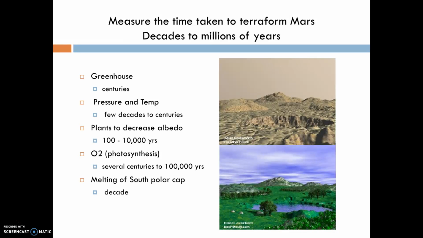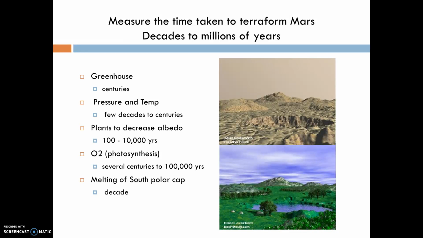Yes, centuries. It's a planet. And time to create the greenhouse effect would take more than centuries. And for pressure and temperature, possibly a few decades to a lot of centuries. Well, at least centuries.